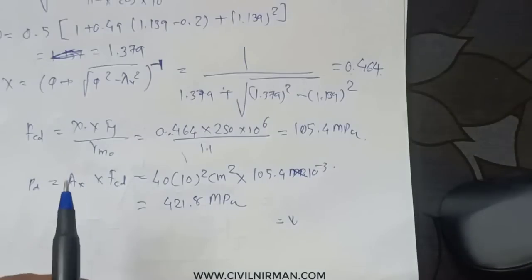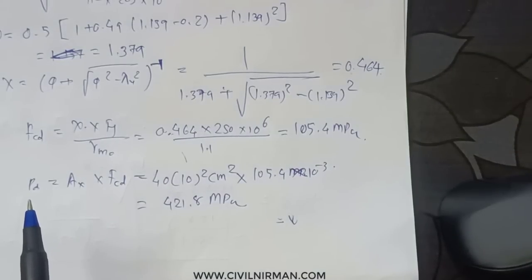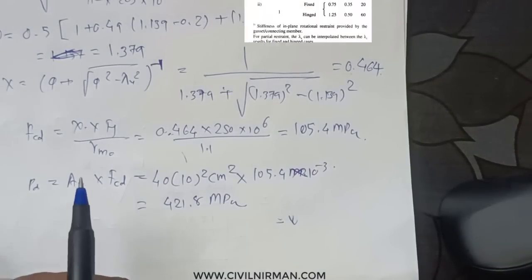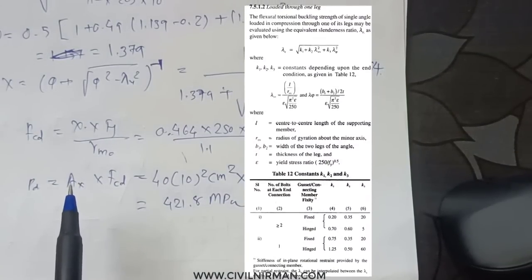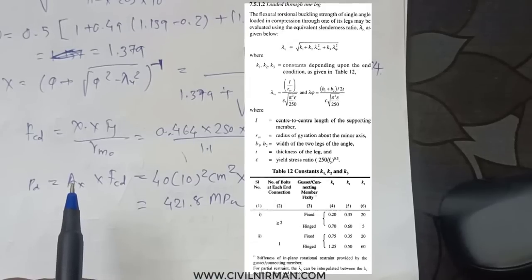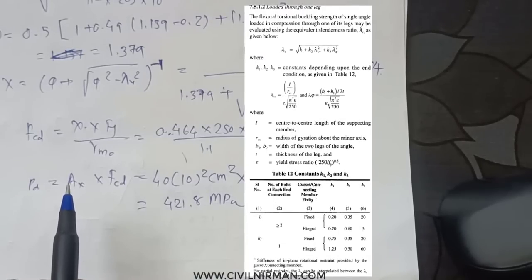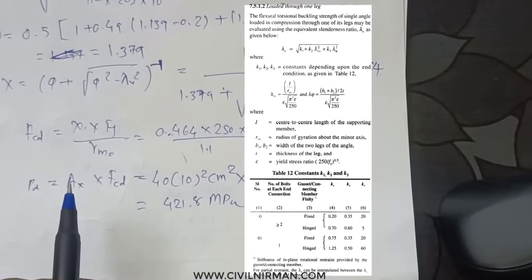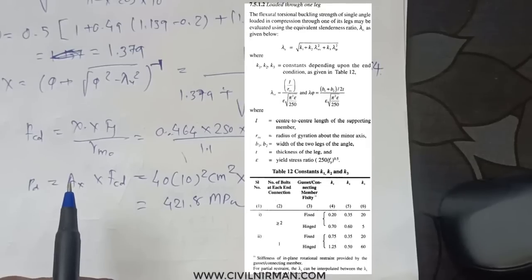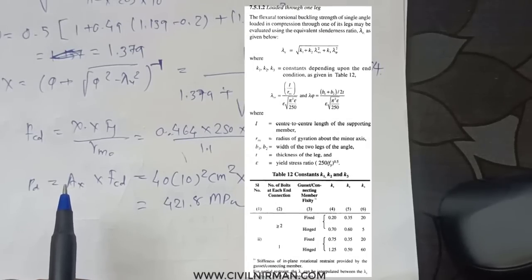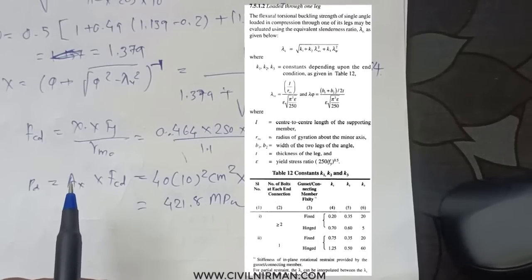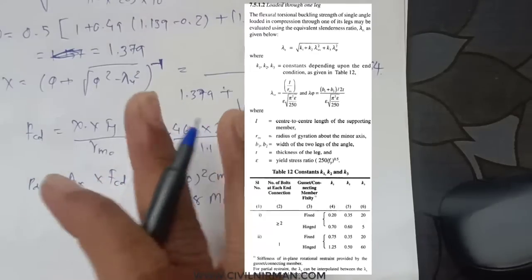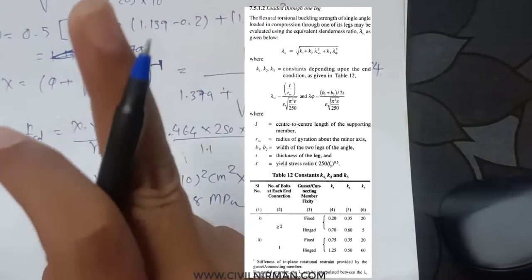So that's another portion, right? Because when you work out your lambda value, where you need to put your k1, k2, k3 value, for that part you will require these particular values from your clause 7.5.1.2. You can check out in the code where you have to take your k1, k2 and k3 values.